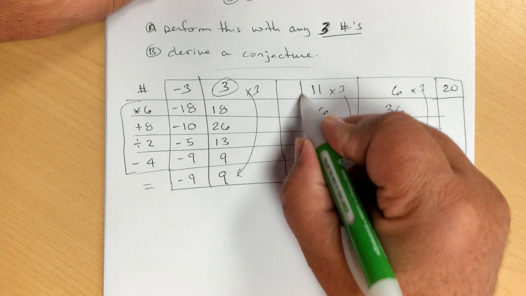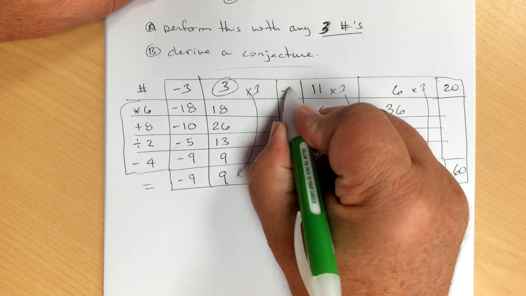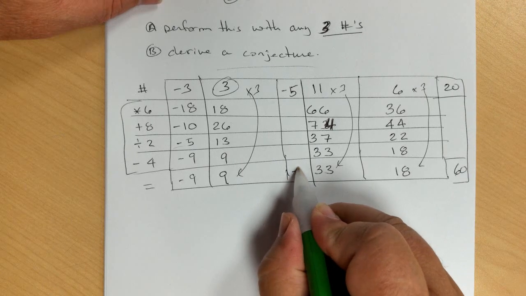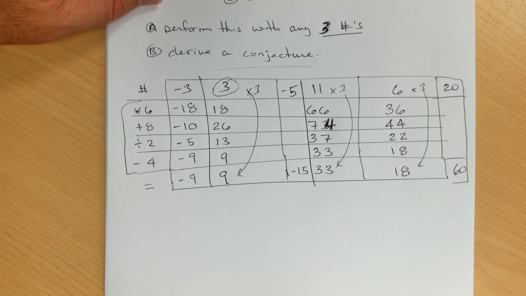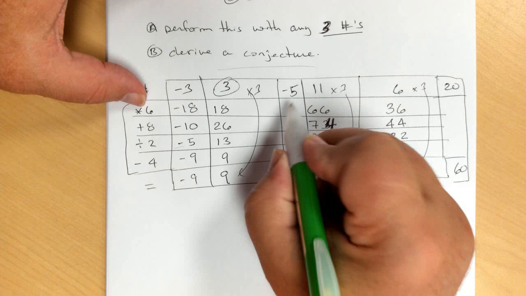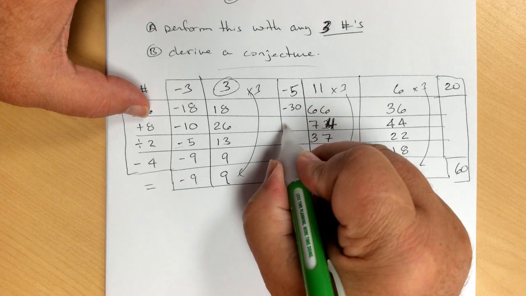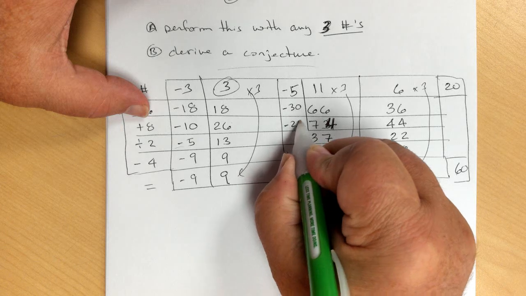Let's try negative 5. So we're predicting the number is going to be negative 15. Negative 5 times 6, negative 30 plus 8, negative 22.